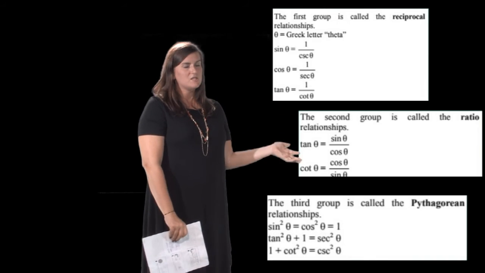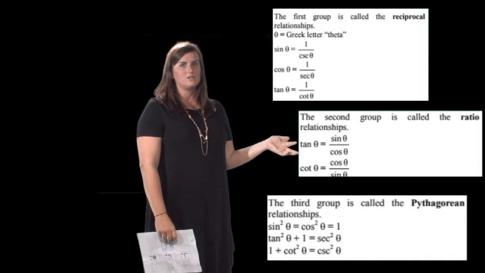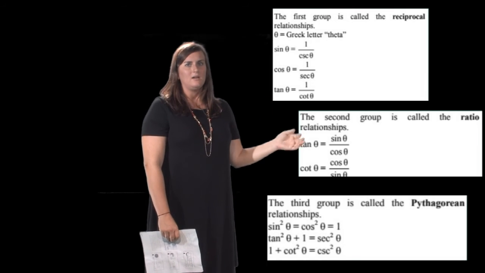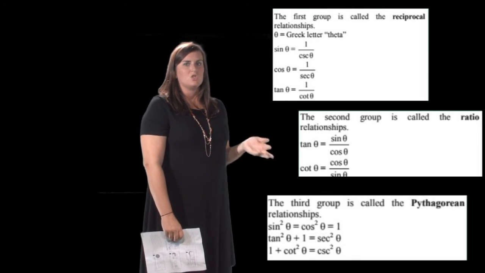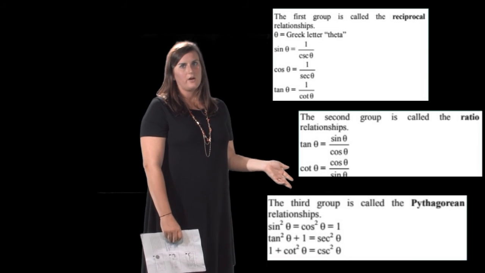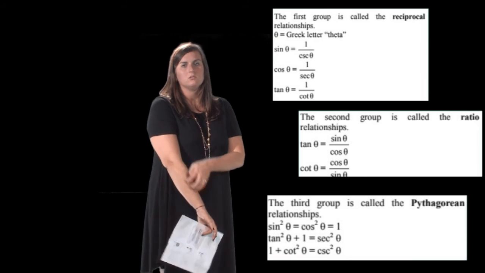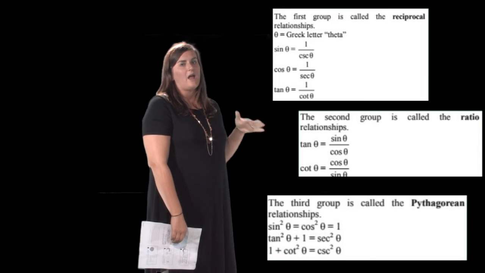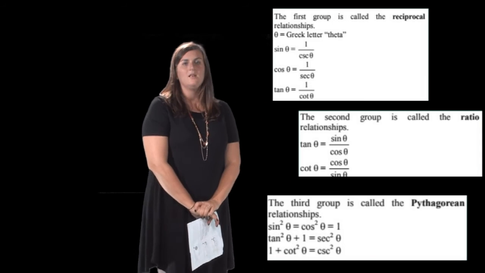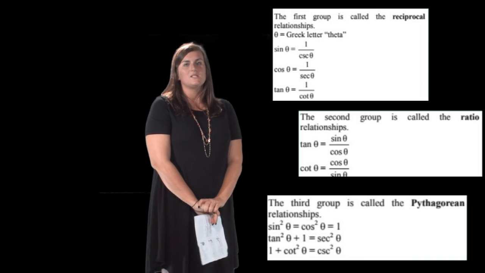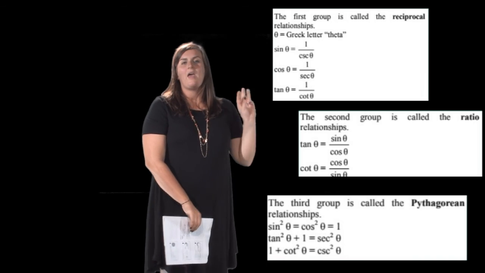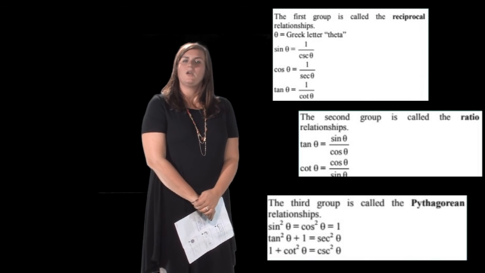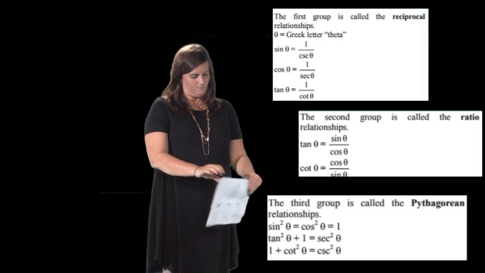If I take the first trig function, sine squared plus cosine squared equals 1, and divide every single term by sine squared, it'll give me the next one, which is 1 plus cotangent squared equals cosecant squared. And then if I take the original function again and divide every single term by cosine squared, it'll give me tangent squared plus 1 equals secant squared. And those are the 3 Pythagorean identities with trig. They're really helpful in solving equations.